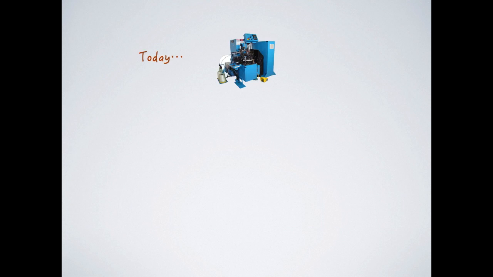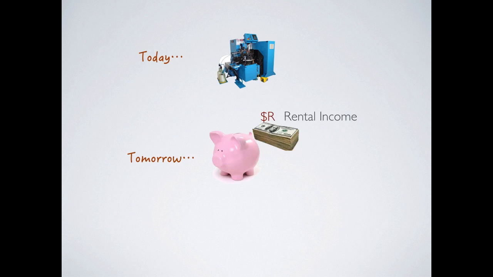So, in summary, if we buy one unit of machine today, then tomorrow our piggy money would increase by not only R dollars of rental income, but also P times 1 minus delta dollars of resale income from that unit of machine you buy today. Then you can use this amount of money to buy consumption baskets tomorrow.